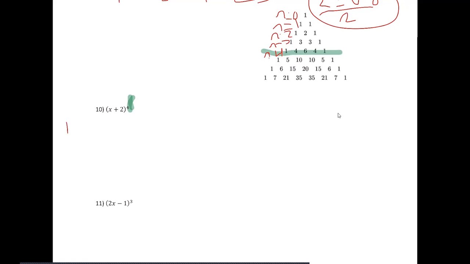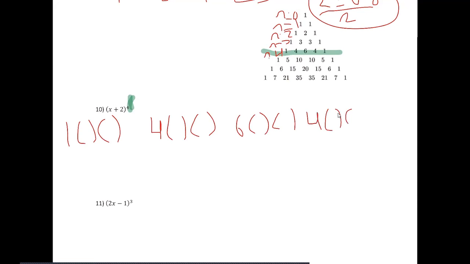So I usually like to just write those and put, like I said, my empty parentheses. And from your binomial, your first part goes in your first parentheses, the second part goes in the second parentheses. So for all these, it's going to be an x and a 2.